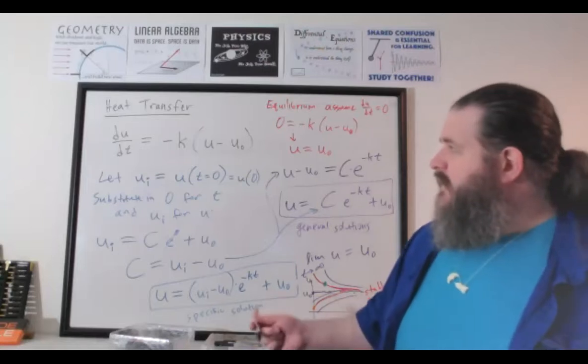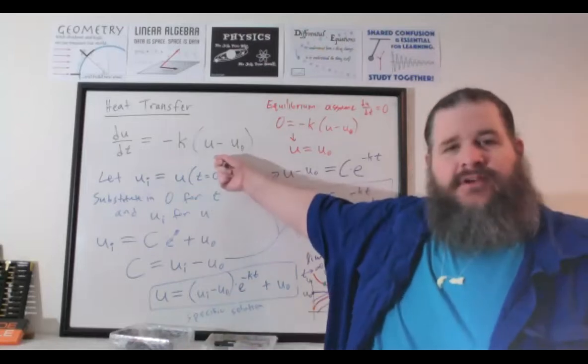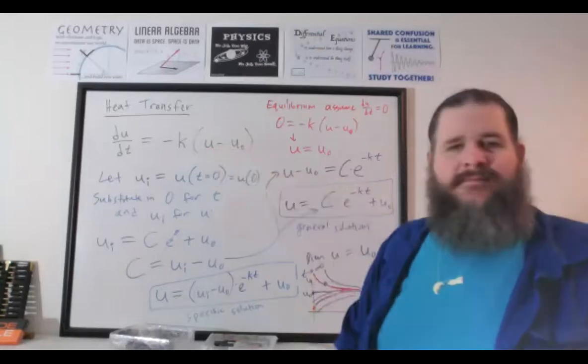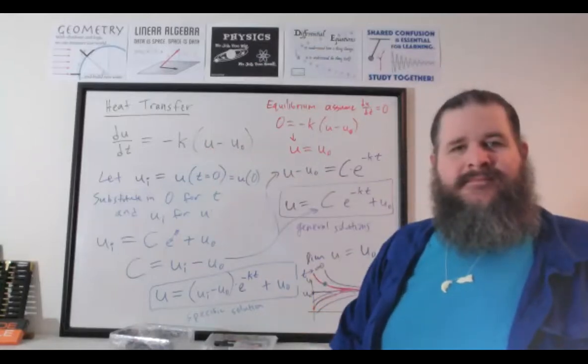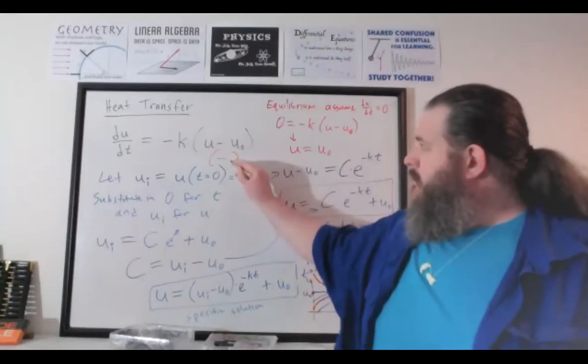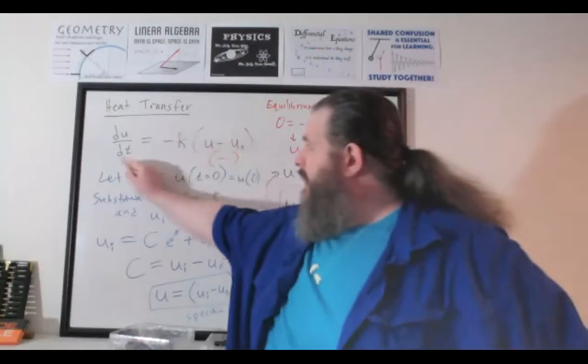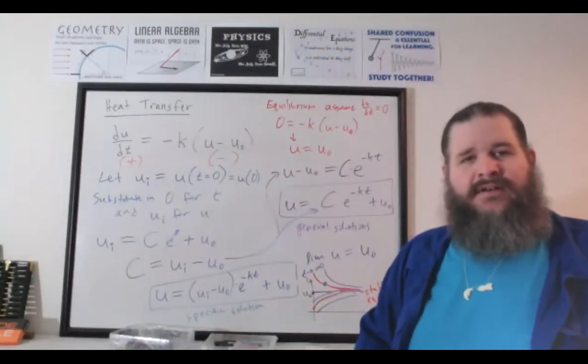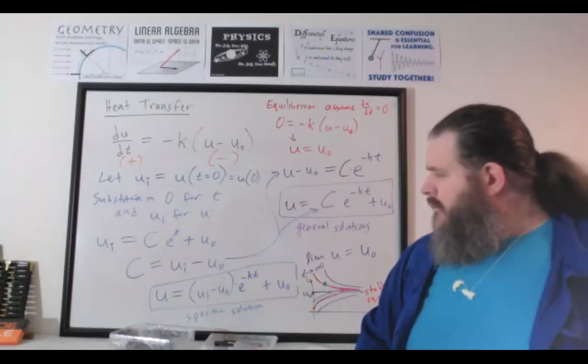Got it. Also we can see that from the original differential equation. If u is smaller than u naught, what is this value going to be? Negative. Right. Multiply by negative k, and we get a positive value for the derivative. So that also suggests an increasing function. Got it. Okay, thank you.